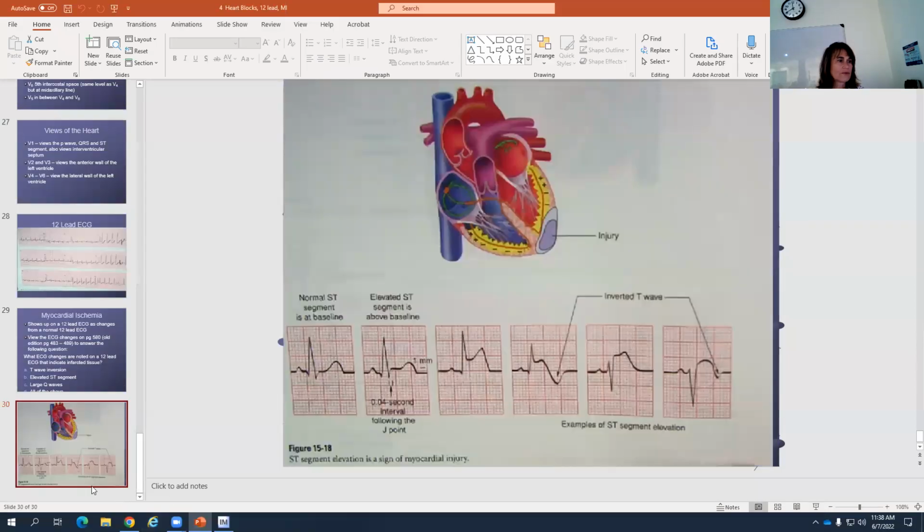Oh, that's all we've got? Thought I had a picture of chest. That was fast. Yeah, that was fast.